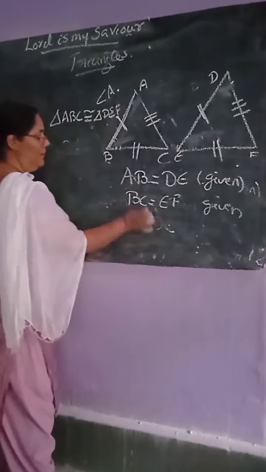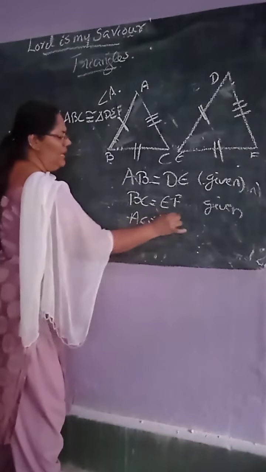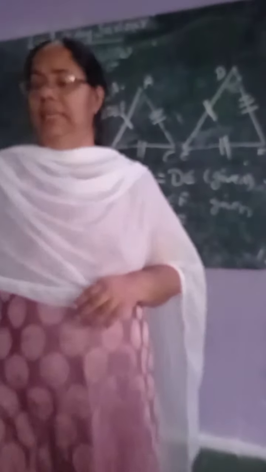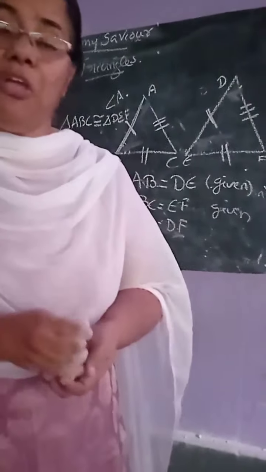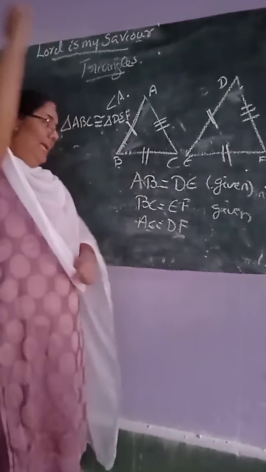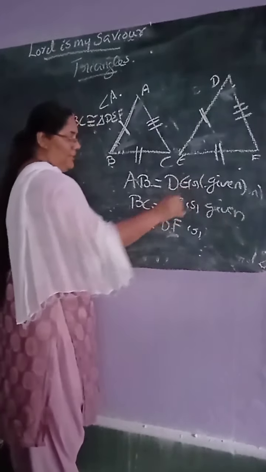And the third one, AC is equal to DF. Therefore, by which theorem? All these are sides, isn't it? Right.